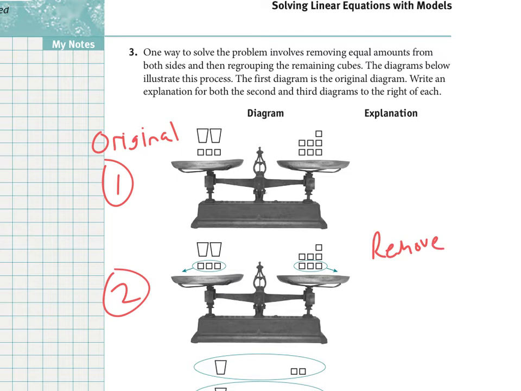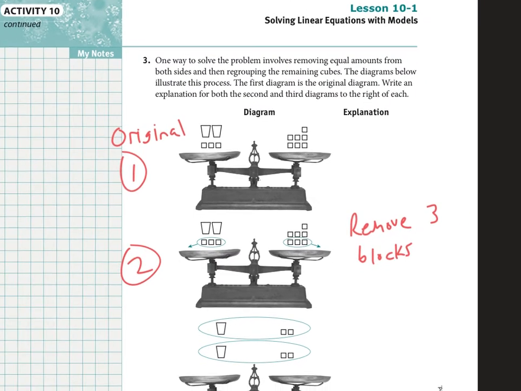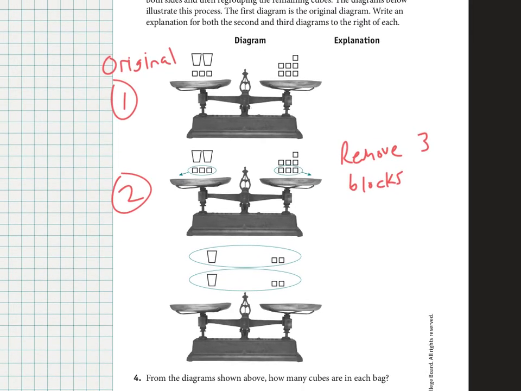If it's an even amount, then that should keep things in balance. If you take 3 blocks off the left side and 3 blocks off the right side, the scale should still be balanced. Once you remove those 3, we ended up having these 4 blocks remaining, and those blocks could evenly be divided up 2 and 2 to go into the bags.